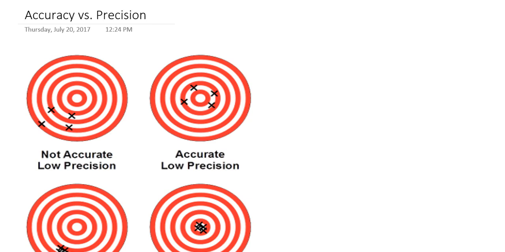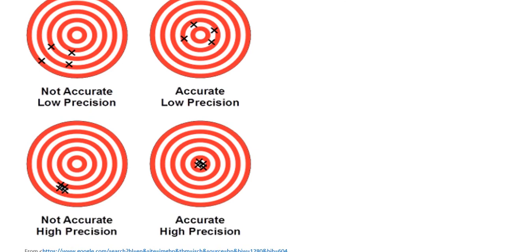Now, a common analogy that people use to discuss this concept of accuracy and precision is shooting arrows at a target. If I'm an excellent archer, and I've been practicing for years, my arrows will land very close to the center of the target almost every single time, as in the target here in the lower right corner of the figure.